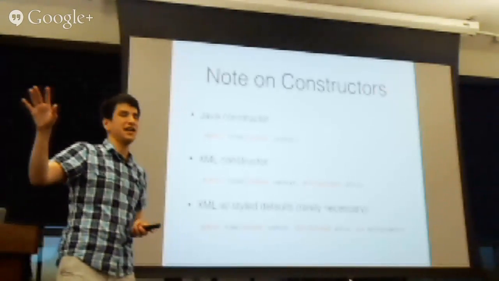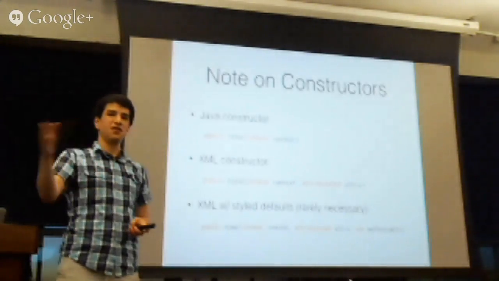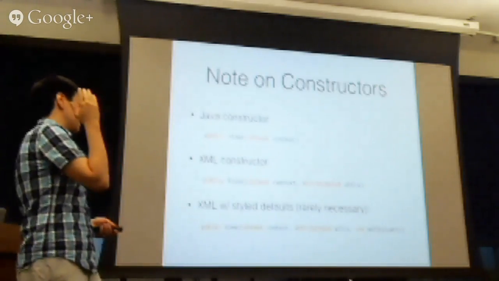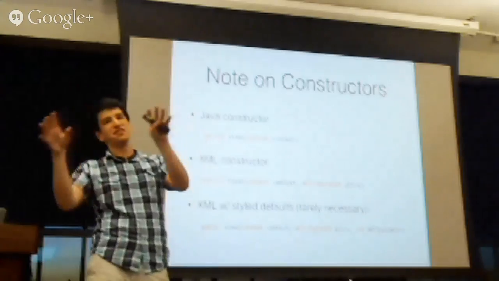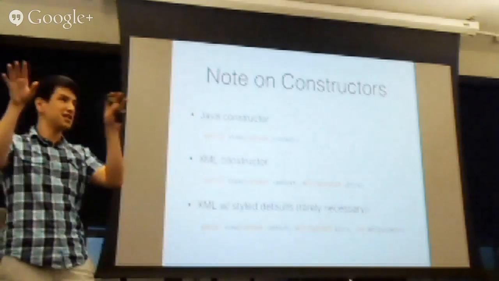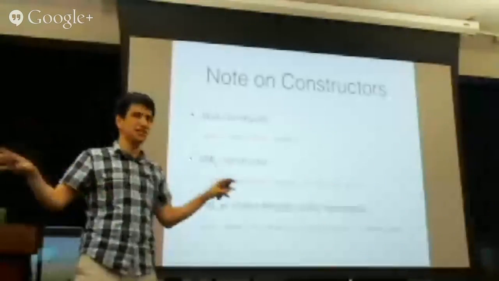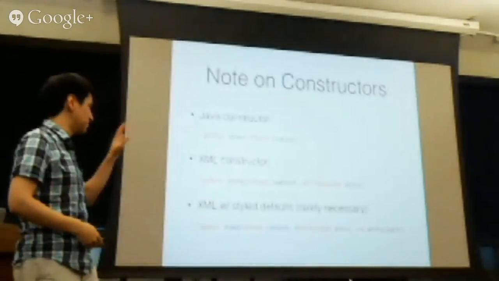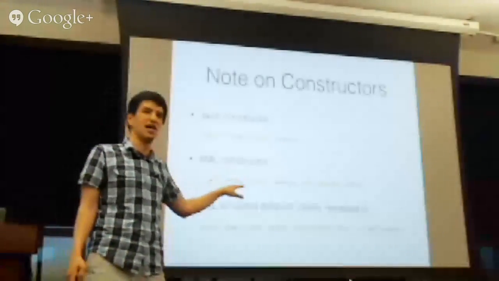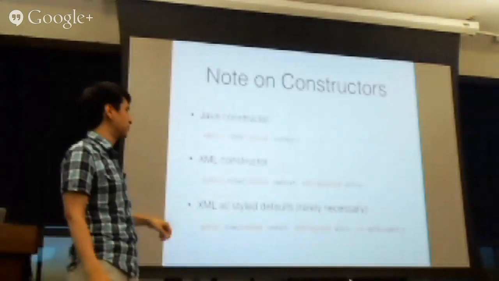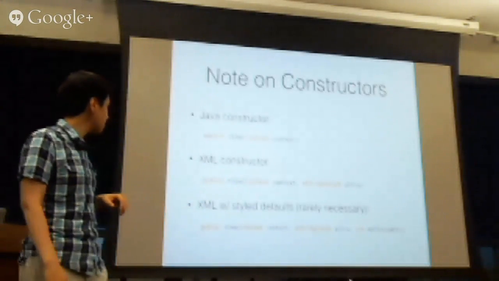But I want the user to also be able to define a default tint for all of their user views. In that case, I can apply a theme which defines the default for the typed array. If that seems like a lot of steps, you're right. You don't really need to do that for simple custom views. But I thought I'd mention it here, so you don't have to worry about that third one most of the time, unless you're actually going to write a library view that other people are going to consume.